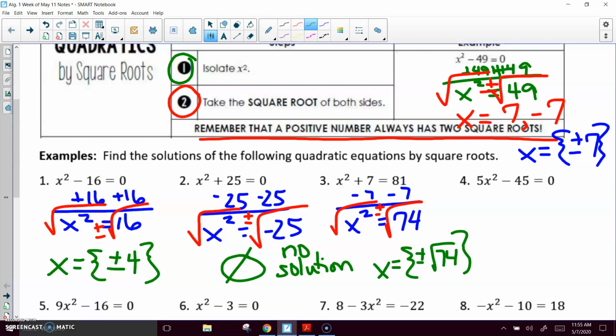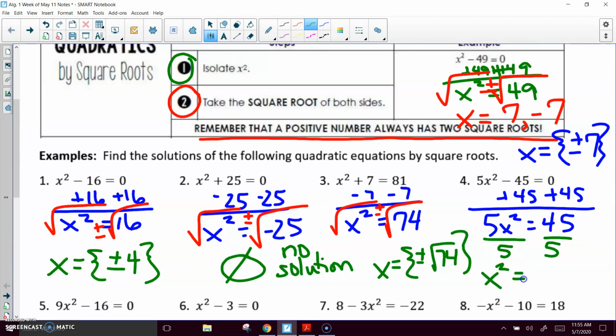Number 4. This one is going to require 2 steps to get the x squared by itself. Step number 1 is to add 45 to both sides. Notice my x squared is still not isolated, so I have another step, and that is dividing both sides by 5.